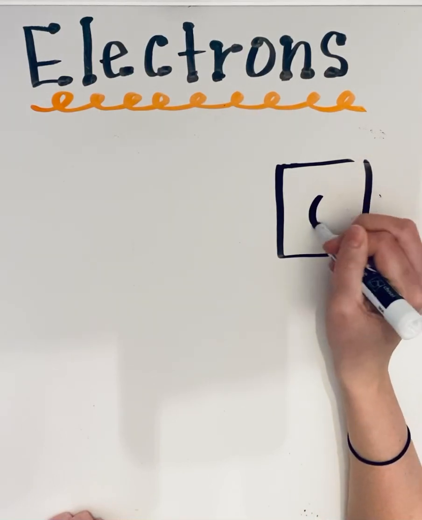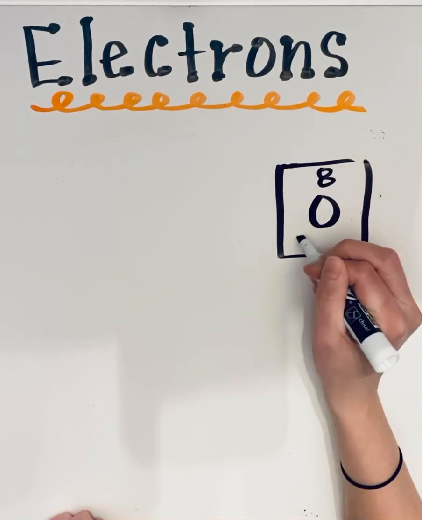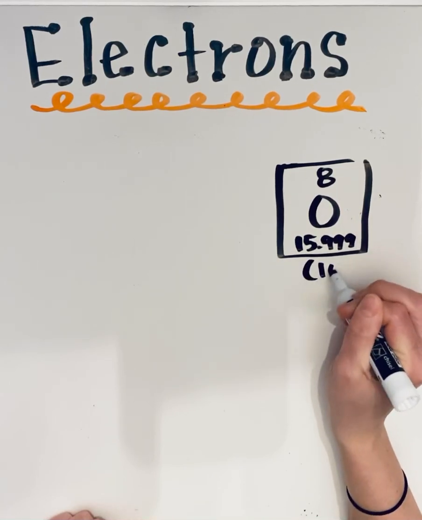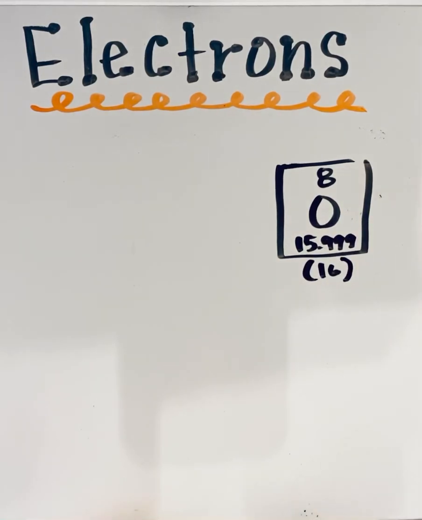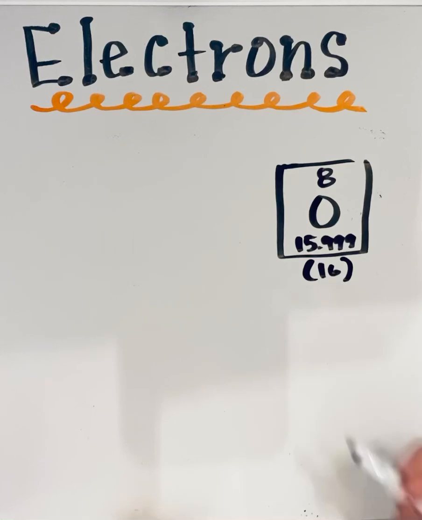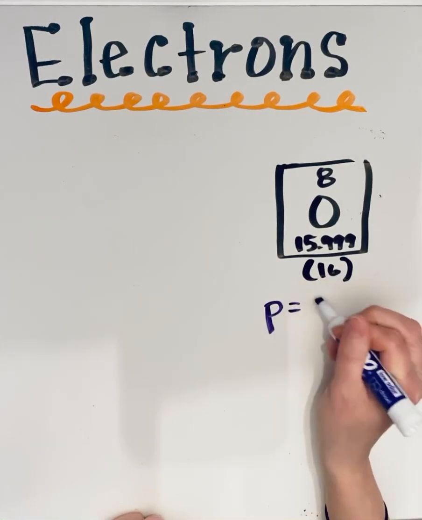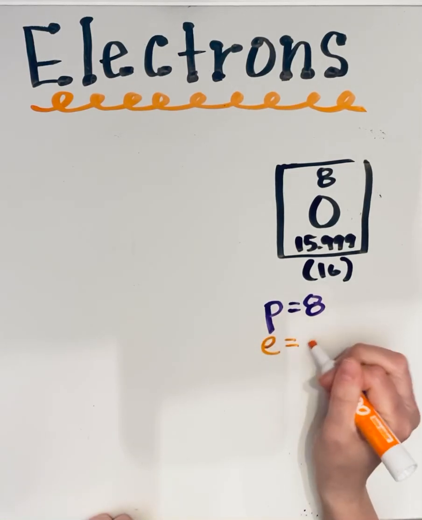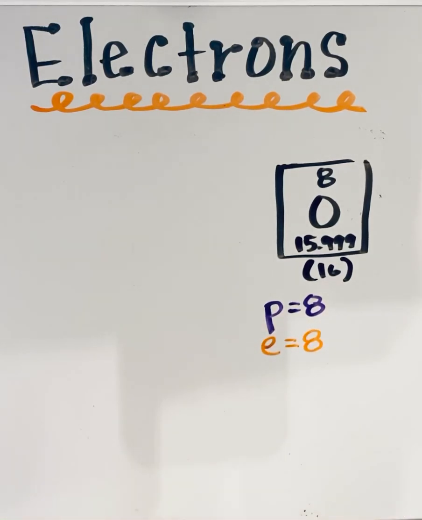This is for oxygen. 8, 15.999, which I'm just going to round up to 16. All right, that calls for 8 protons. I'm looking at my atomic number again. 8 electrons. And then 16 minus 8 is 8 for 8 neutrons.